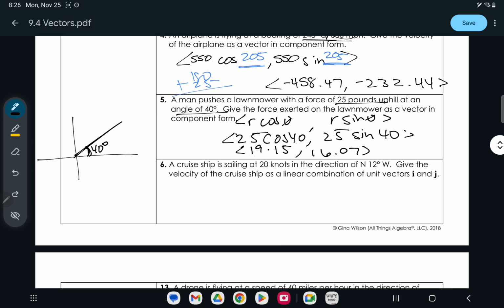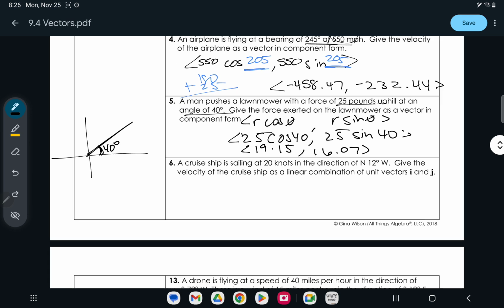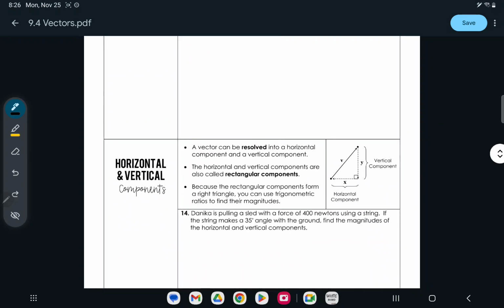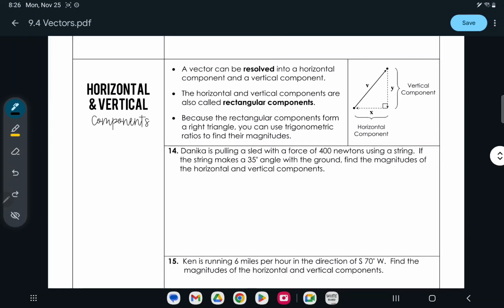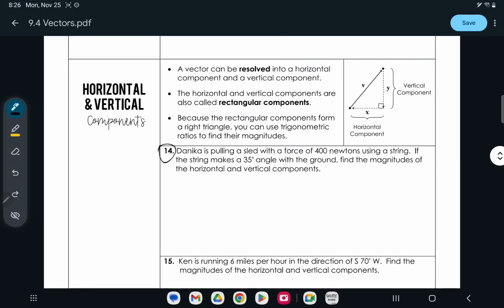All right. Let's look at one last piece here, and I'll just do one problem. A vector can be resolved into a horizontal component and a vertical component. Both those components are in x and y, so they're the rectangular components.